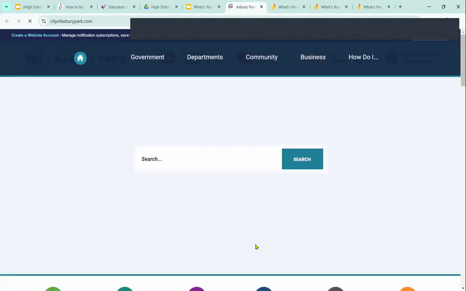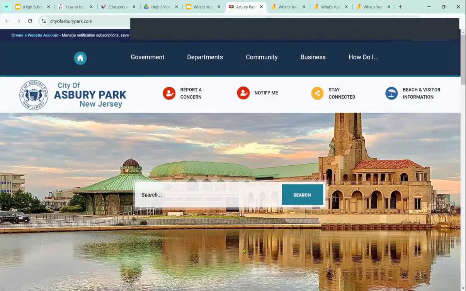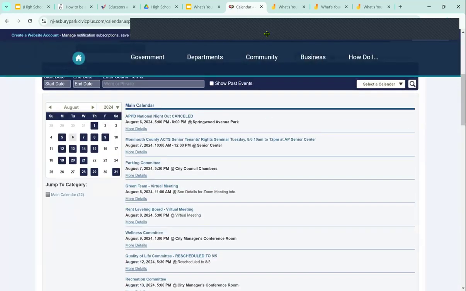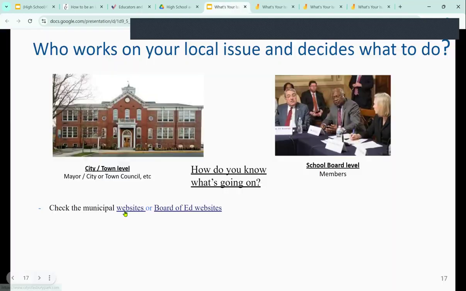I loaded Asbury Park's website on the link so that people would see, okay, this is their website and this is all the information you can find. You know who all of your members are, you know the commissions, you can get the city calendar so you know when there are board meetings, so they can see it actually happening. So they can find out from the website a lot of information about who's there to be influenced, when they can go, and how they make their point. And the same thing is true with the Board of Education.